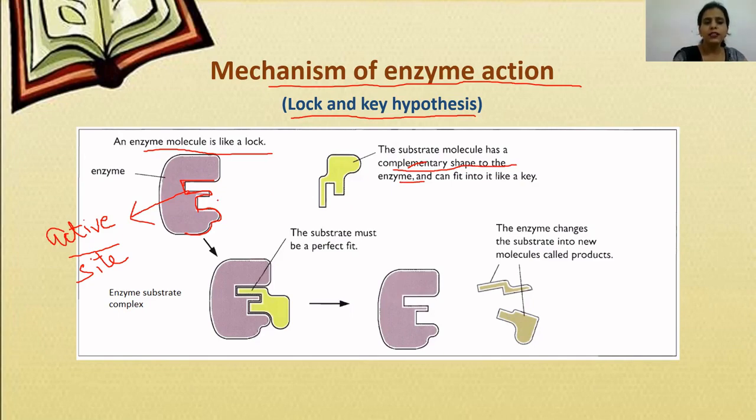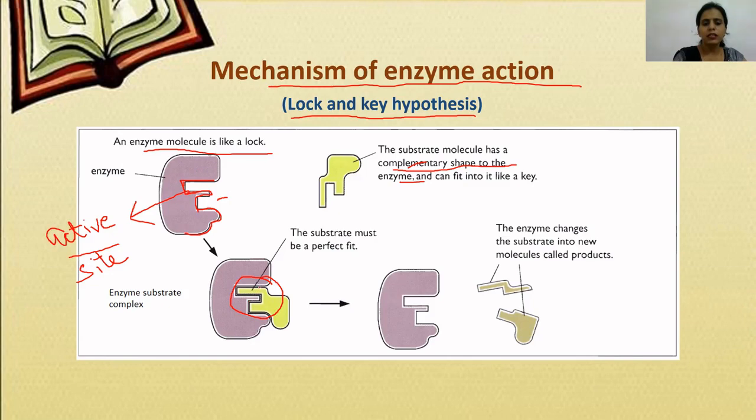As the shapes are complementary, the substrate molecule perfectly fits in the enzyme molecule, like the key fits into the lock. Similarly, the substrate molecule fits in the active site of the enzyme.